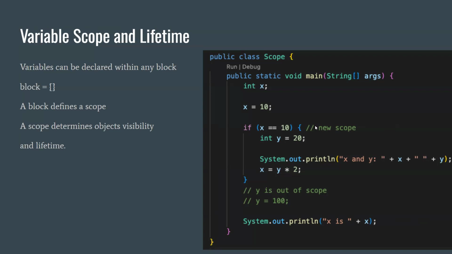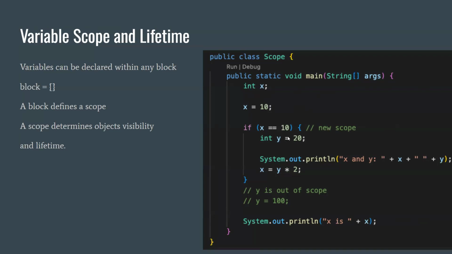So we have variable x that is declared within main, and we have y that is declared inside a block that has if.